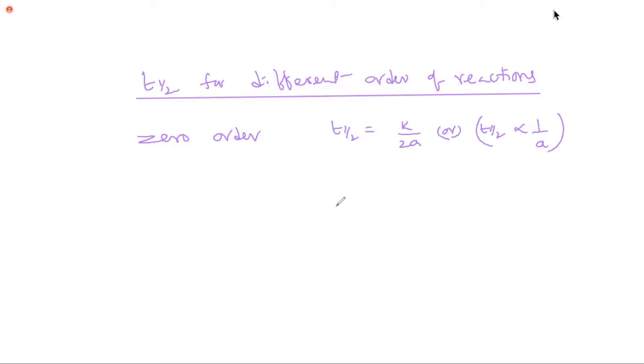This K by 2 is constant. Yes, sir. For first order, T half is equal to 0.693 by K. T half is constant, right? Yes, sir.